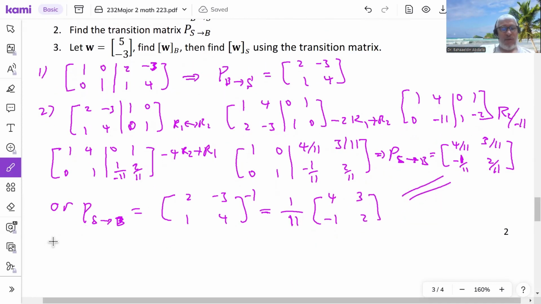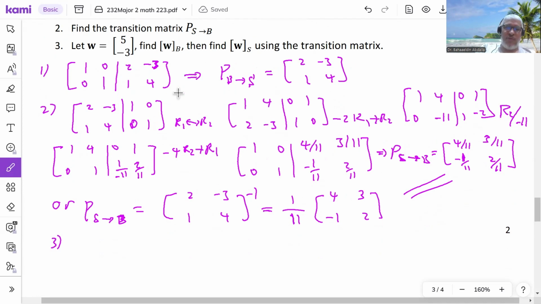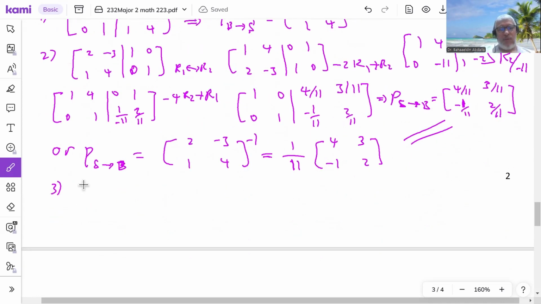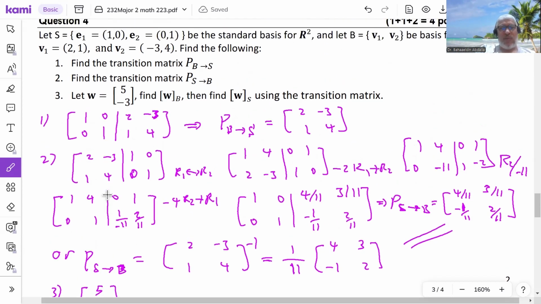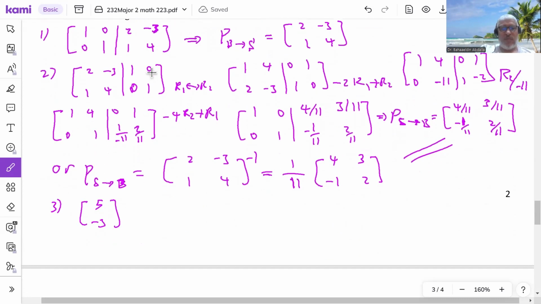Now, part 3, this is W, a vector. Find WB means what? The coordinate vector of W relative to the basis B. So 5 and negative 3, we need to write it as a linear combination of the elements of B, 2, 1, and negative 3, 4.